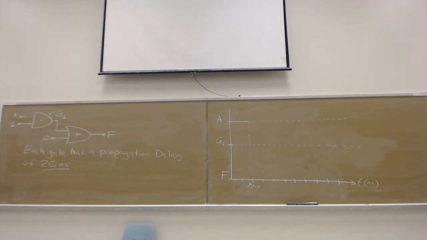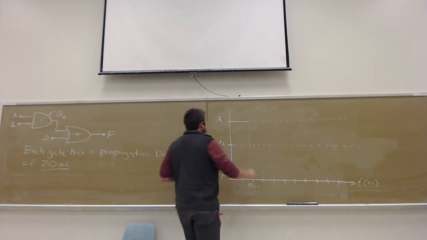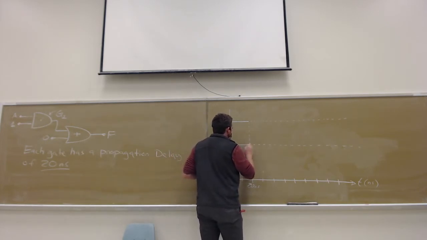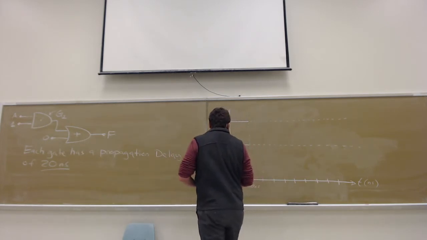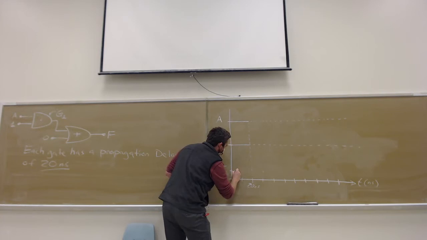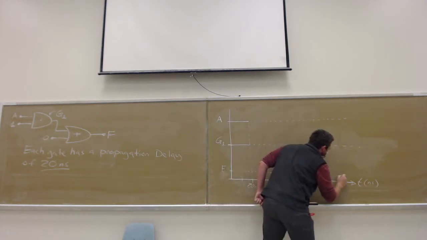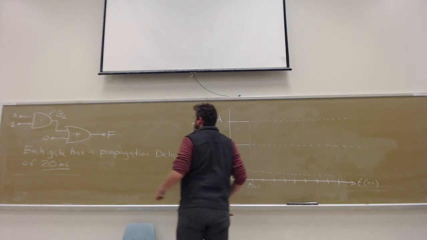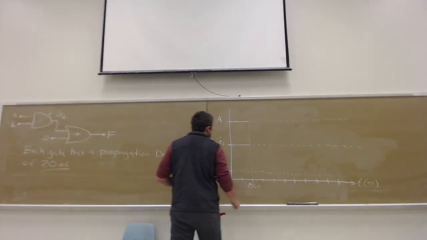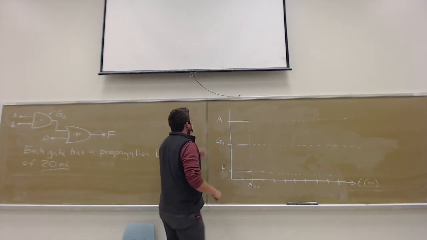It's going to be 0, right? Because we have 0 and 1, which means the output of the first gate is going to be 0. And the output F is also 0, right? 0 OR 0 is 0.